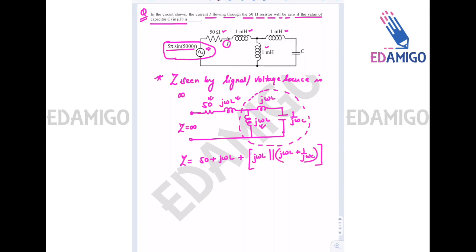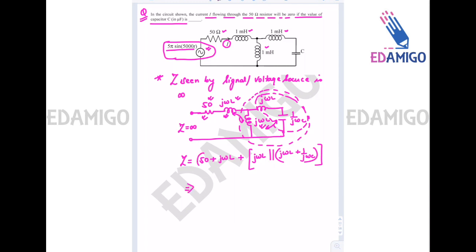These two are in parallel, and the resultant is in series with the inductance and resistance. So this is the impedance, and now this should be infinity.